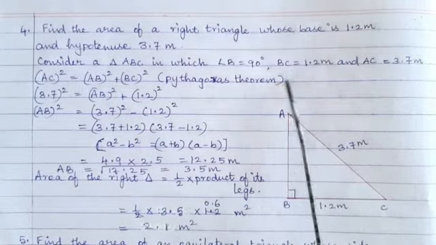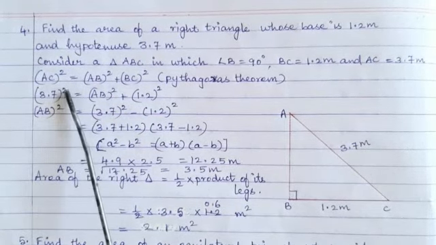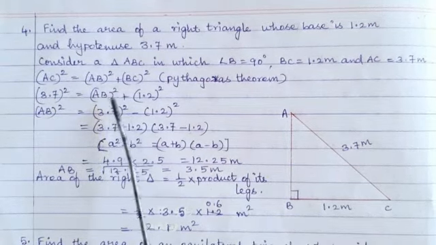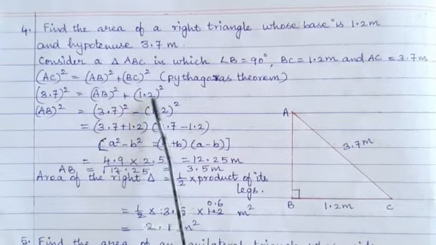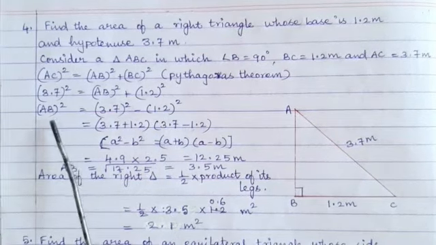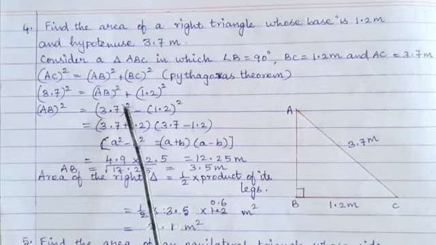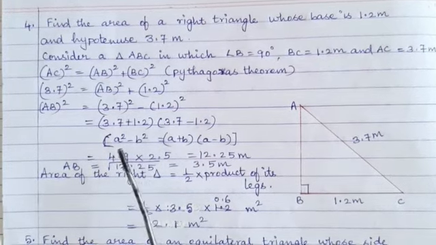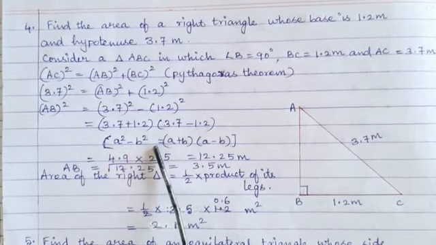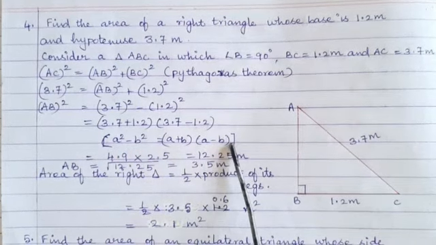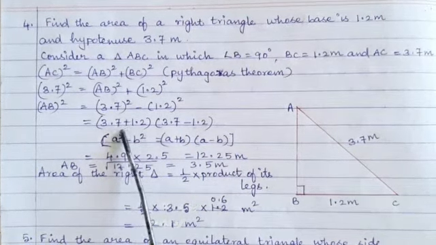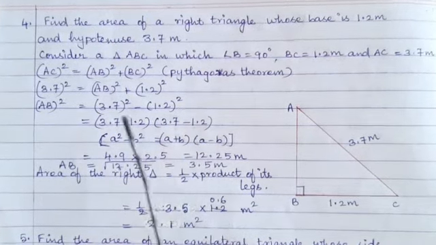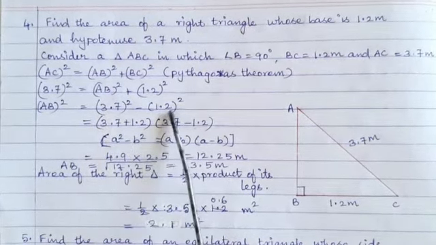AC squared, 3.7 squared, is equal to AB squared, that is AB squared we are going to find out, plus BC, which is 1.2, so 1.2 squared. So AB squared equal to 3.7 squared minus 1.2 squared. You can use the identity A squared minus B squared equal to A plus B into A minus B. So this is 3.7 plus 1.2 into 3.7 minus 1.2. 3.7 is A, 1.2 is B.